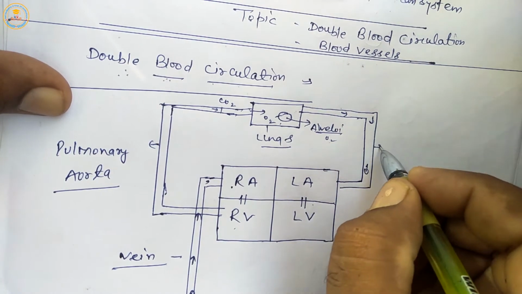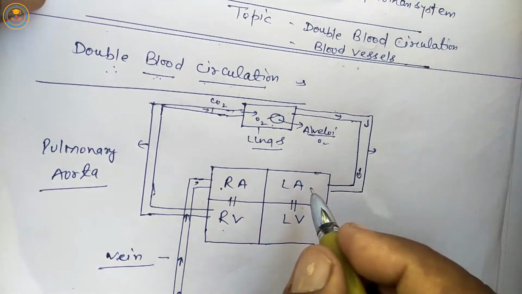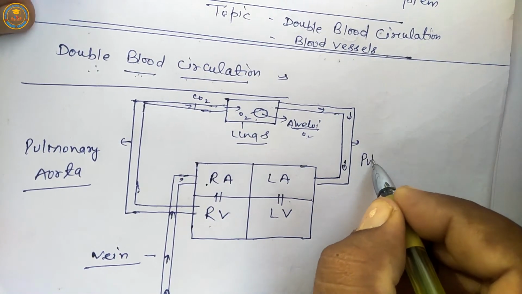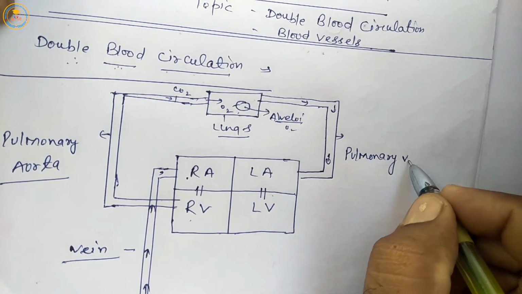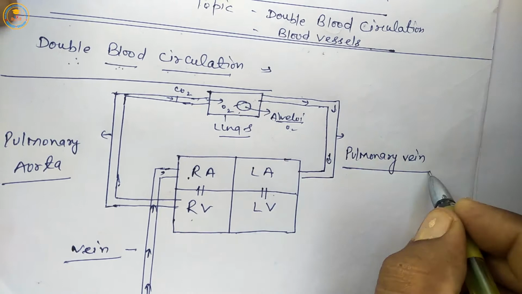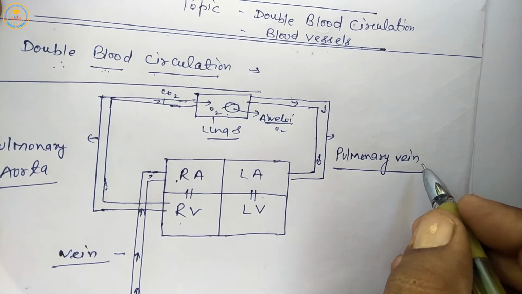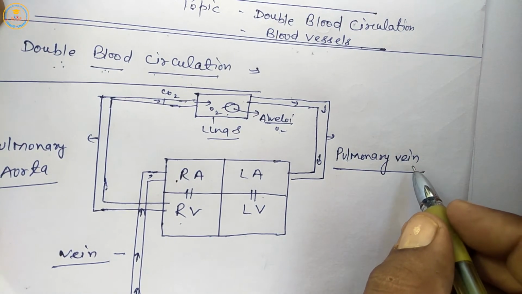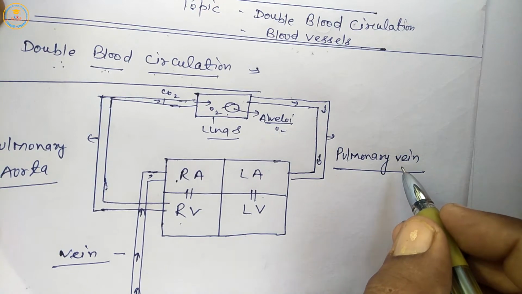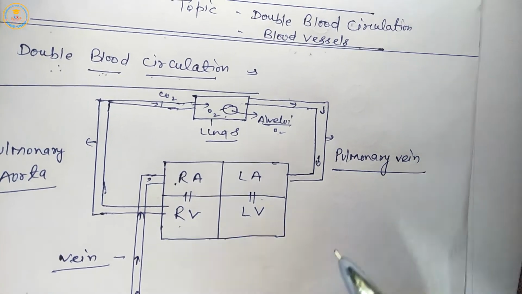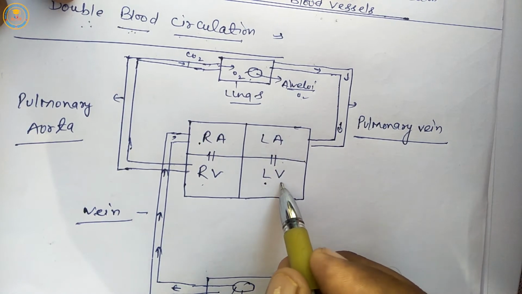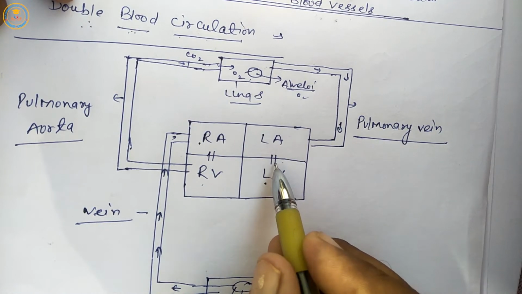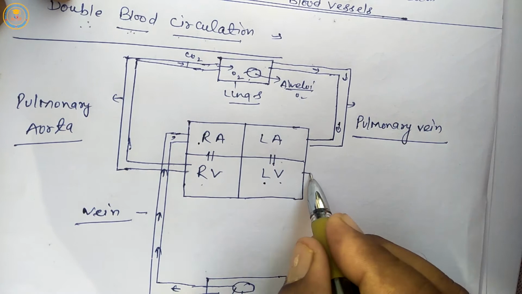This blood enters the left auricle and is carried by the pulmonary vein. Students, it is an exception for veins, because mostly veins carry impure blood, but this vein carries pure blood. Next, pure blood enters the left ventricle through the bicuspid or mitral valve.